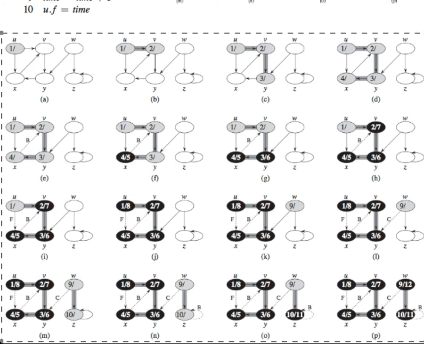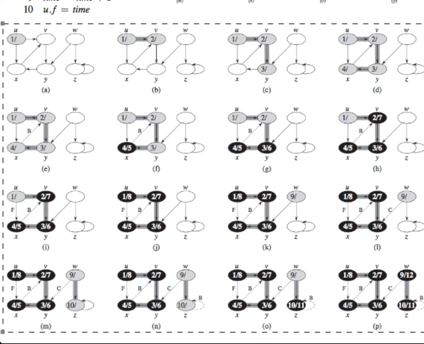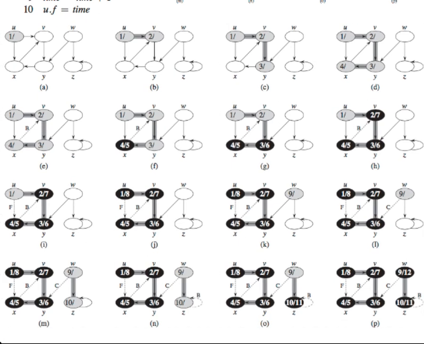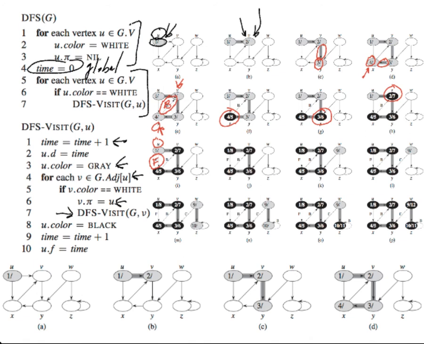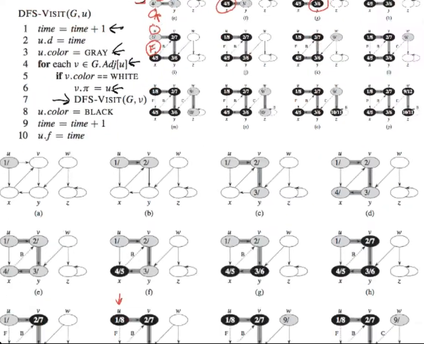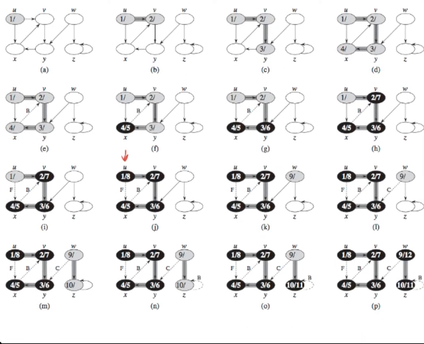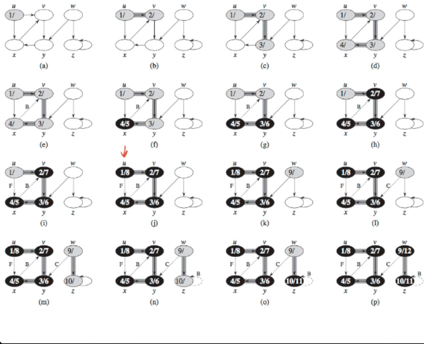Now we left off after finishing processing U. Now, if you'll recall, earlier I said we're going to process all nodes, and you can see that in the algorithm right here. We're going to go through every vertex, and if the color is white, we're going to visit it. Now, we have a whole lot of vertices at this point that are non-white, that are gray and black. But we do have a couple that are still white, so we're going to process one of those.